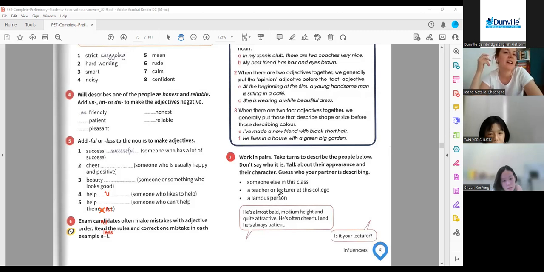A famous person. Yeah, which famous person? I don't know. So he is tall, confident, smart, used to be very famous in America. He still is very famous, but he occupied an important function a few years ago.